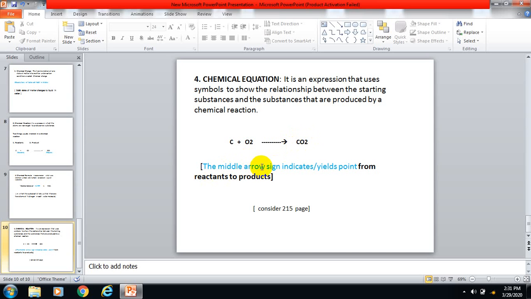The arrow sign indicates yields, pointing from reactants to products. C plus O2 are reactants, as we studied a little while earlier. These are the products: CO2, carbon dioxide. Consider page number 215 of the book.